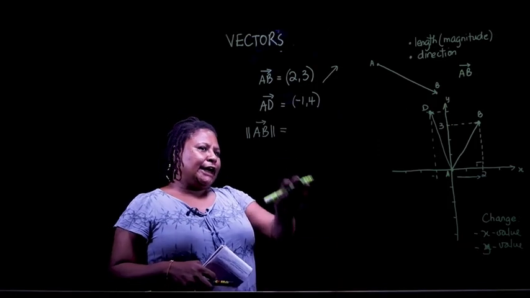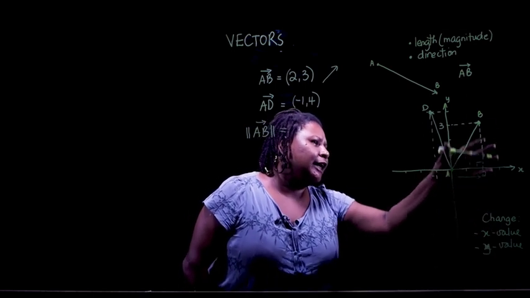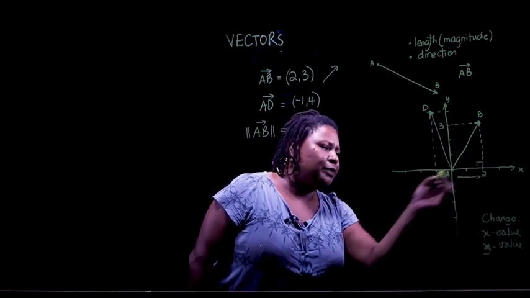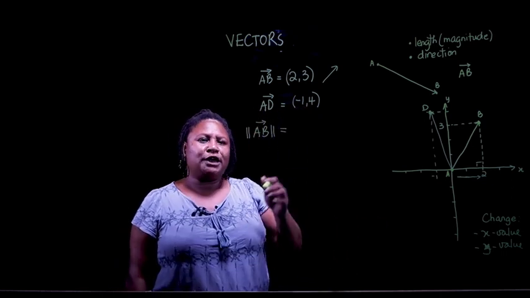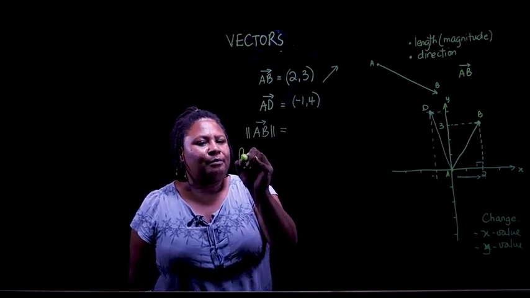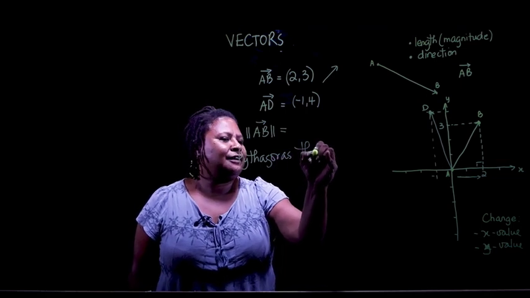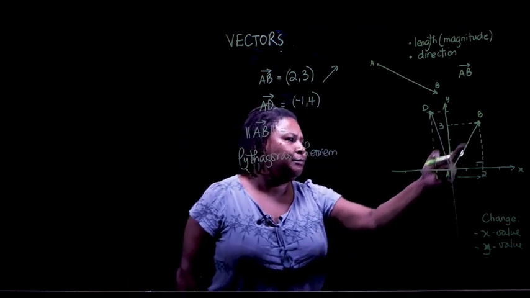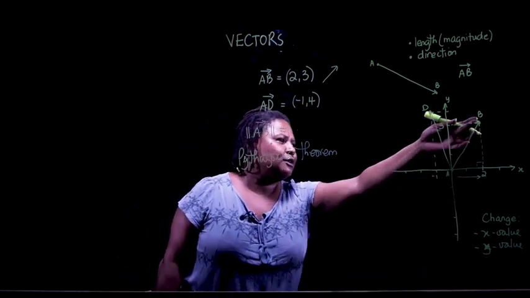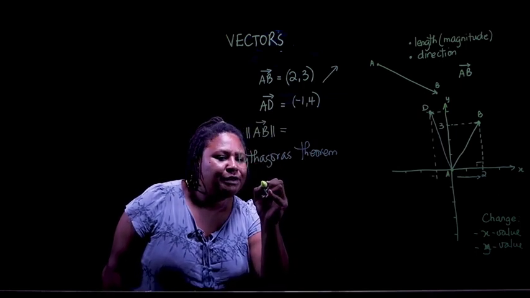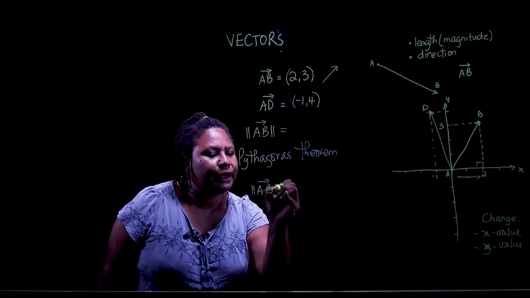To find the length of vector AB, we've formed a right angle triangle, and that tells you that we are going to use Pythagoras' theorem. Let's look at vector AB, and we are going to square this.